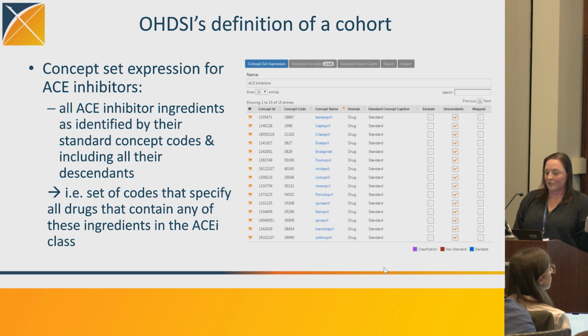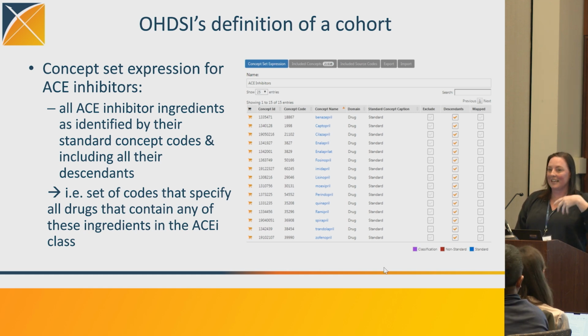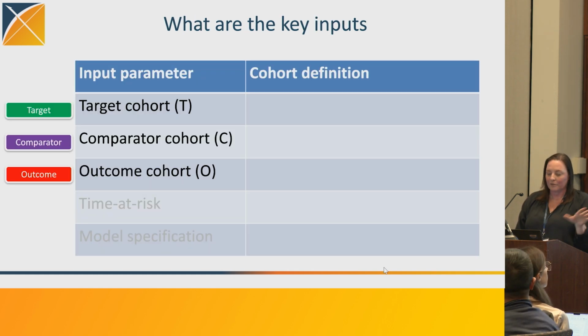So for the ACE inhibitor cohort, for example, we want to get all of the people who have a record in the database of an ACE inhibitor, and we define the people who have an ACE inhibitor by a group of concept sets. Okay, so that group of concept sets becomes the definition of the element that is used in the algorithm to define a cohort. And then you'll specify all your targets, comparators and outcomes based on that cohort logic.